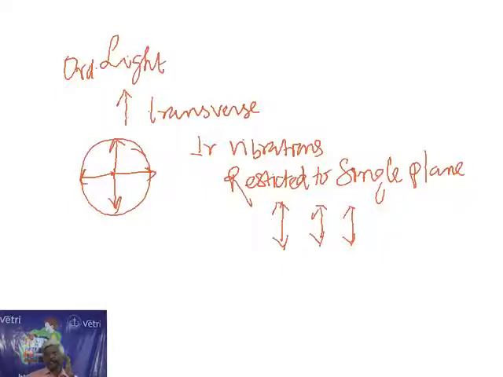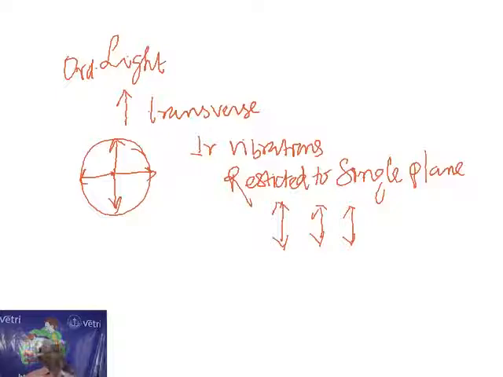Any object which is useful to produce polarized light is called polarizer. Any instrument used to check whether the light is polarized or not, that instrument is called analyzer. And what is plane of vibration?